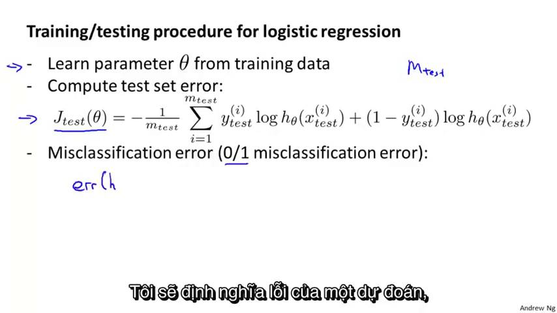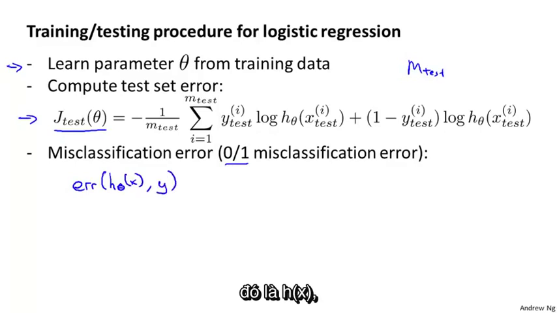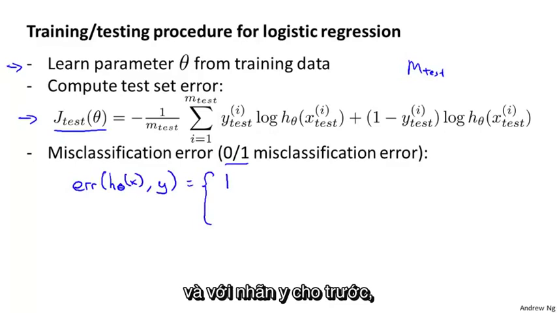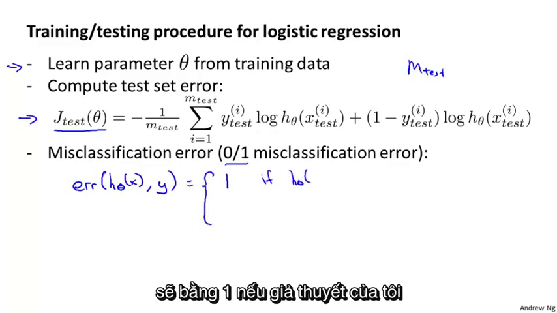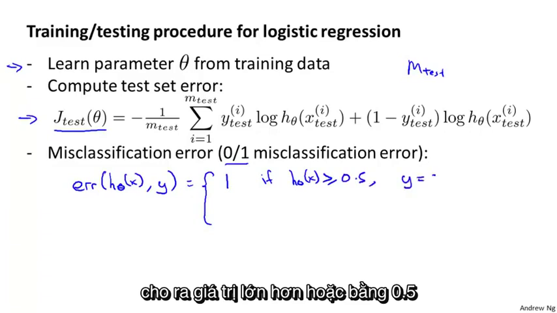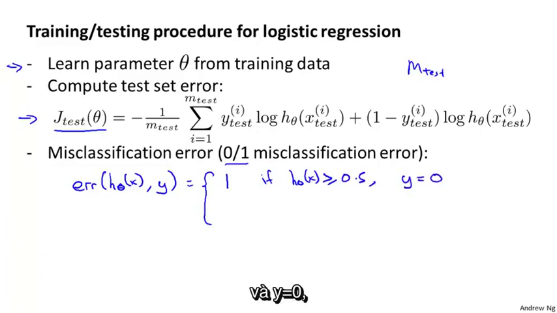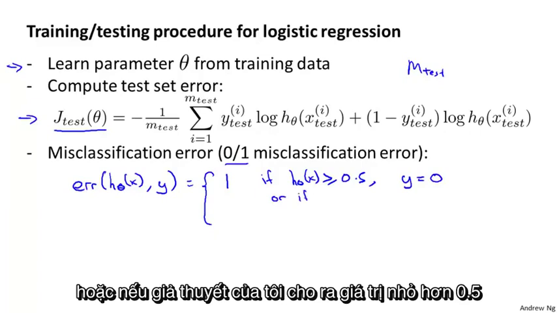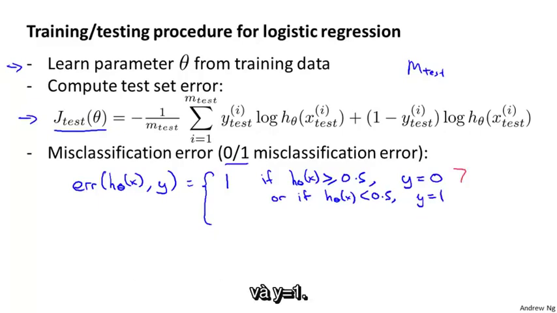Let me define the error of a prediction, that is h of x, given a label y, as equal to 1 if my hypothesis outputs a value greater than or equal to 0.5 and y is equal to 0, or if my hypothesis outputs a value less than 0.5 and y is equal to 1.